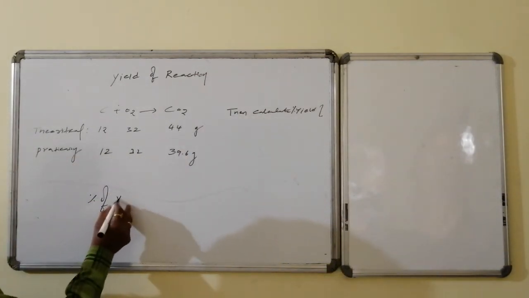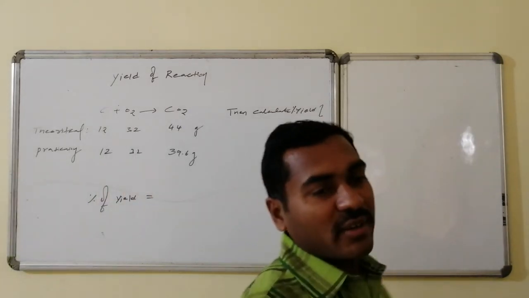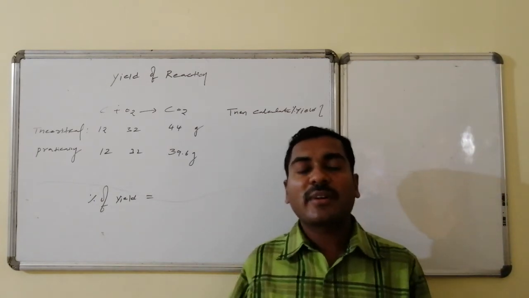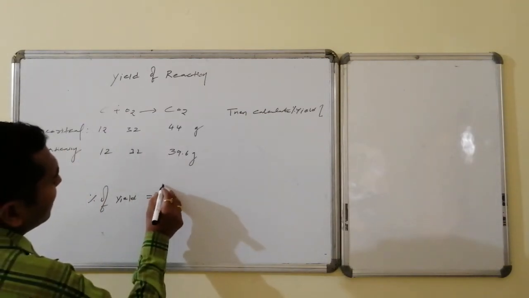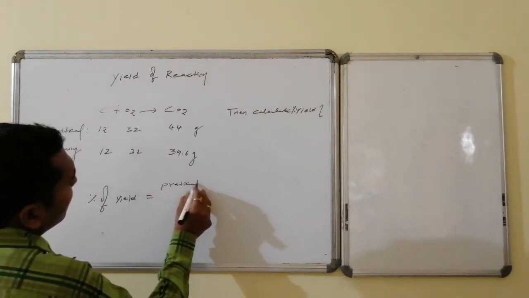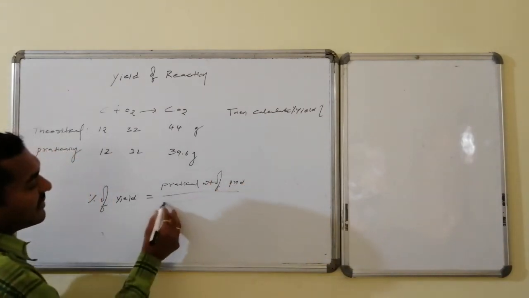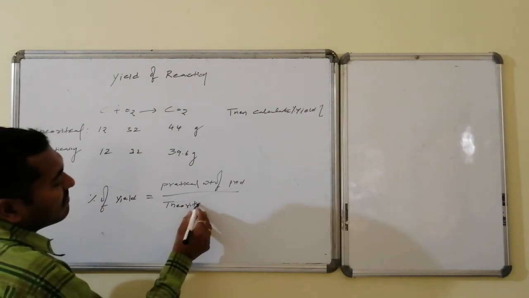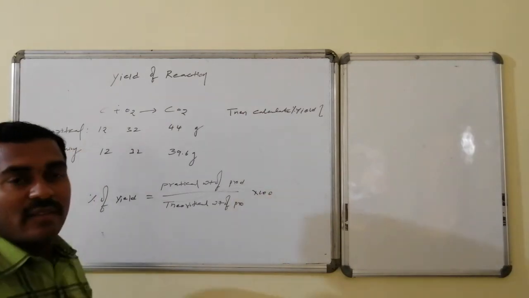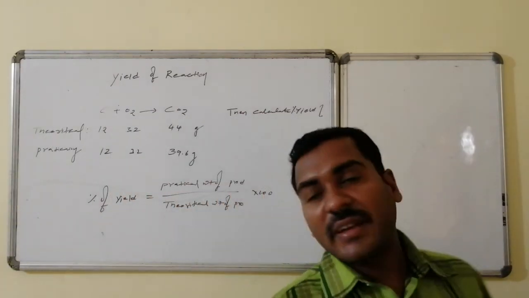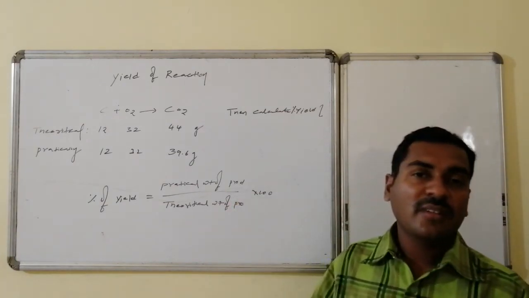Percentage of yield can be given by practical weight of product obtained divided by theoretical weight of product into 100.